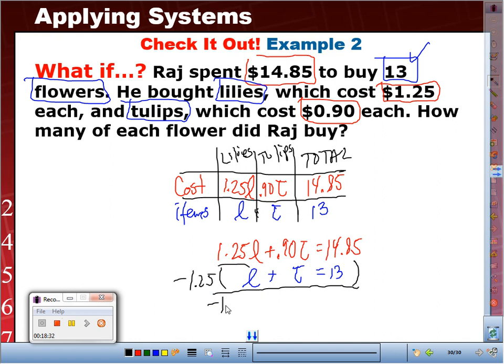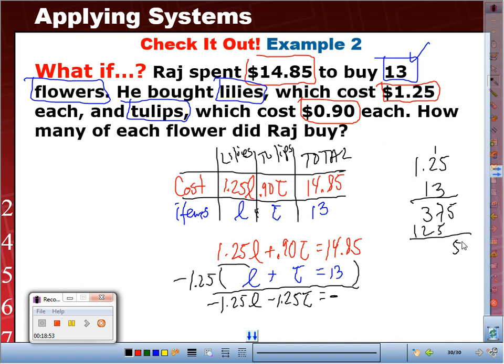This becomes negative 1.25 L minus 1.25 T equals negative, let's see, 13 times 1.25. This becomes 16.25.